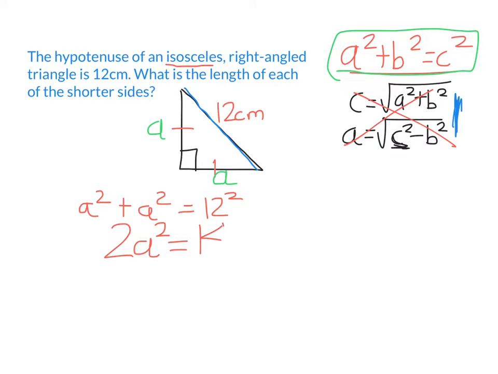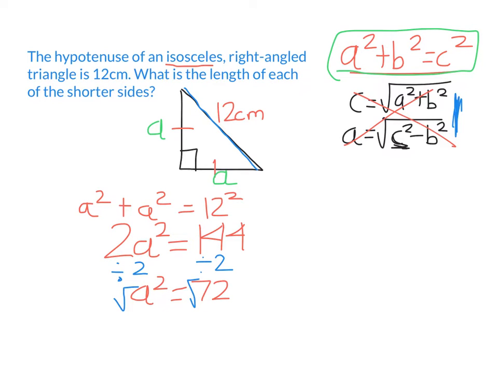Now, when you're solving this equation, you must divide by 2 first, because I need to undo things in the opposite order to BODMAS. So I'm going to divide each side by 2 first, then I'm going to get A squared equals 72. The way I undo squaring is I square root each side. So I've got to square root both sides.